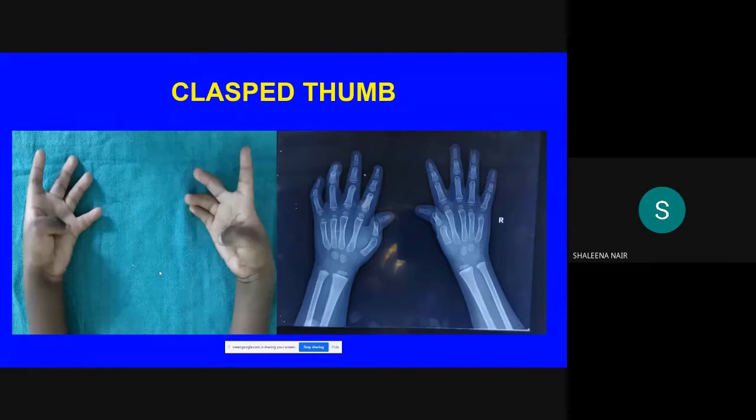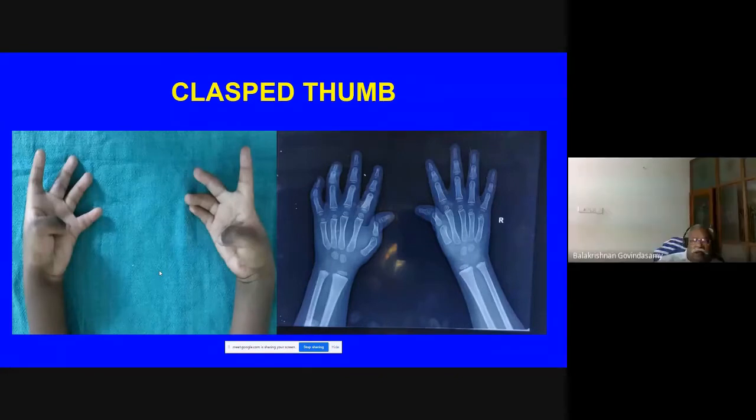Then I would like to see the first web space, whether there is any contracture of the first web space or not. Very good. Your small problem is you must be able to know whether you can correct the deformity passively. So that's what you must say.